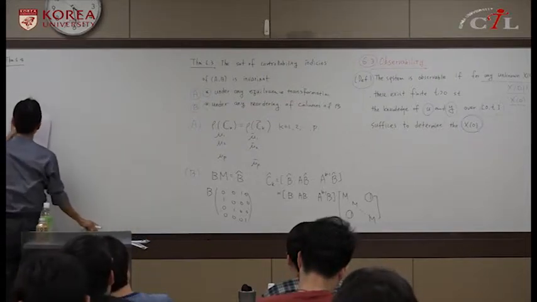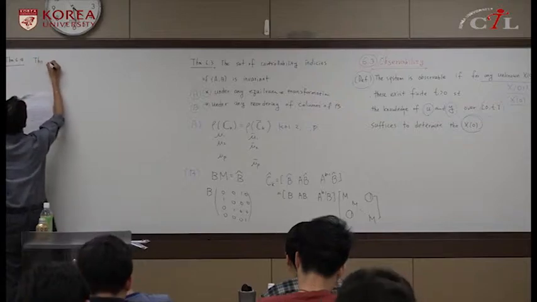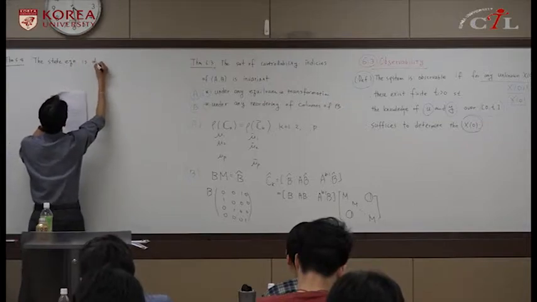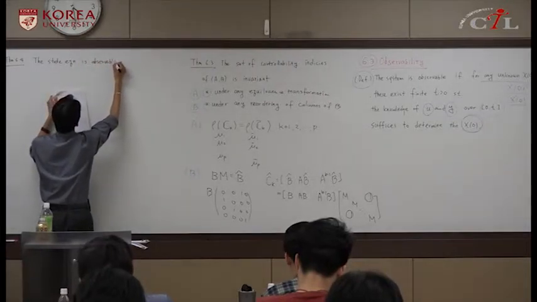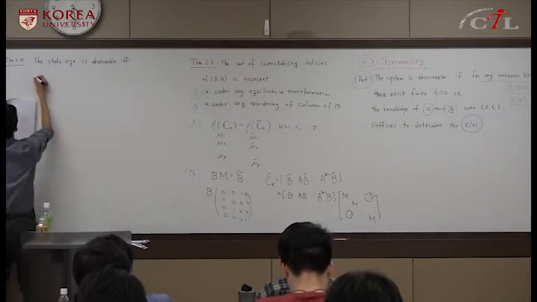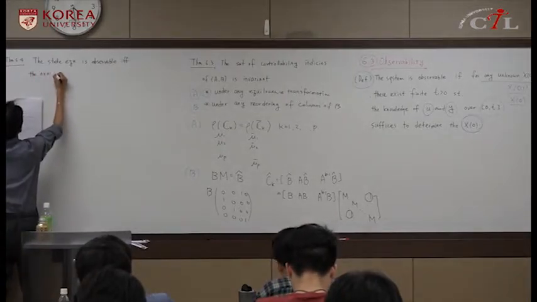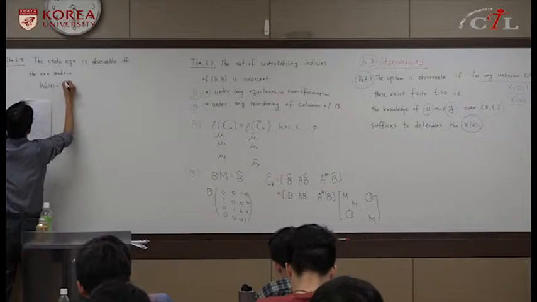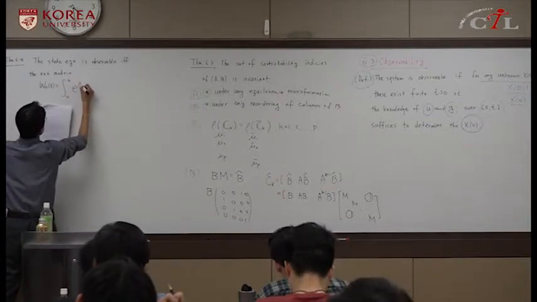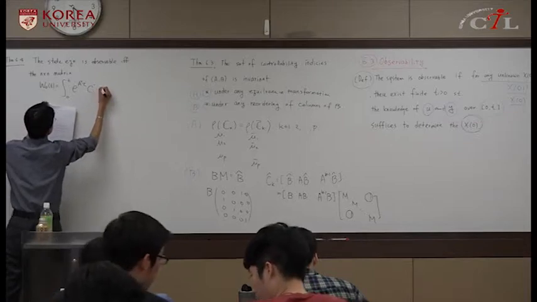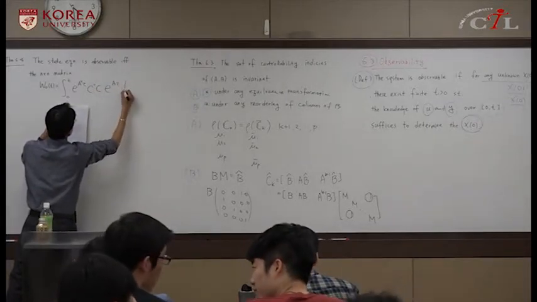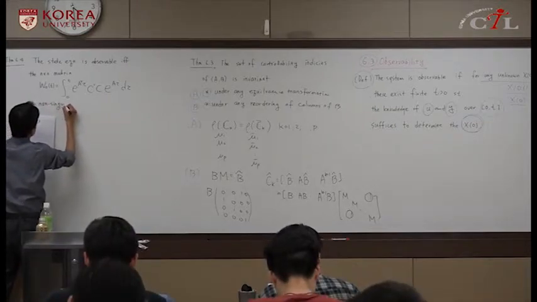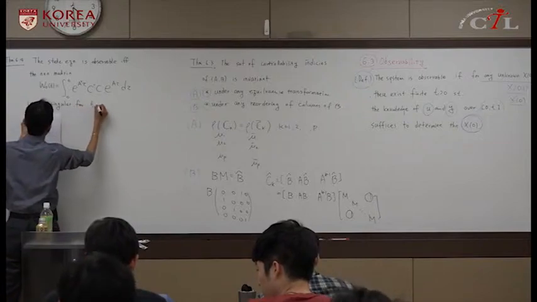Let me write down the theorem. The state equation is observable if and only if the n by n observability gramian from 0 to t is non-singular for t positive.